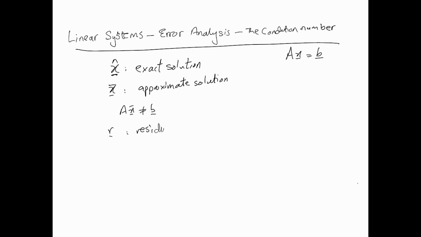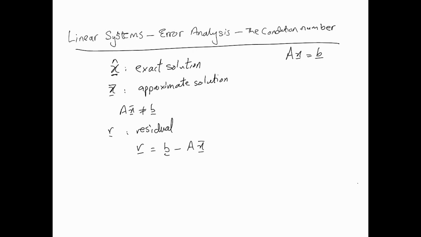The residual is basically a very simple idea. If you think about it, how can we judge the solution that we have? Very simple. We have the right hand side and we have the system Ax equals b. Now, if I were to look at the difference between b and A x bar, that should give me a reasonably good idea about how good or bad my solution actually is.